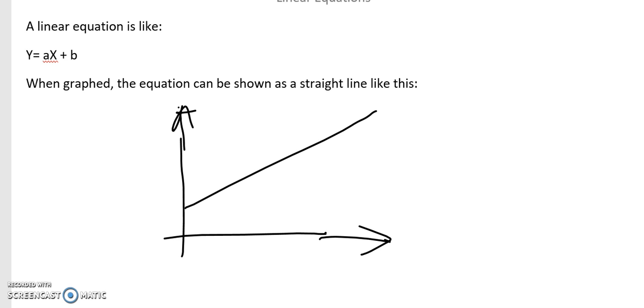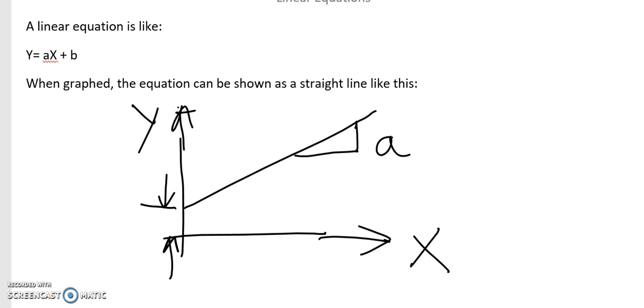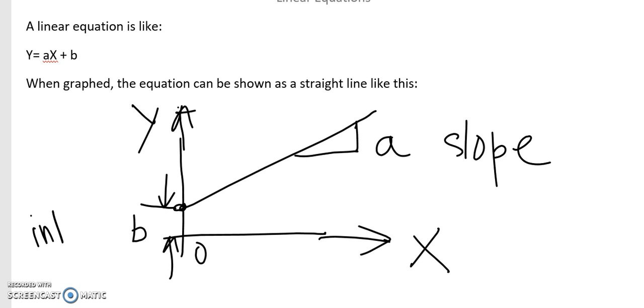In a graph, this is the x-axis and this is the y-axis. This is a straight line, or this is a linear equation. The slope of the linear equation can be said as a, and then the intercept, the distance from 0 to where it hits the y line, is called b. So a is the slope and b is the intercept.